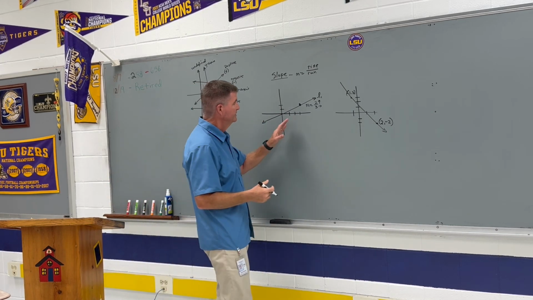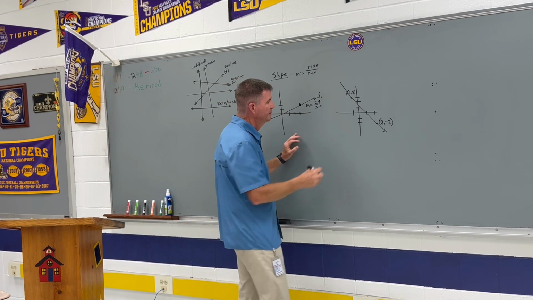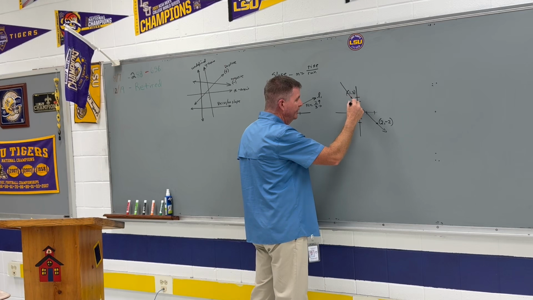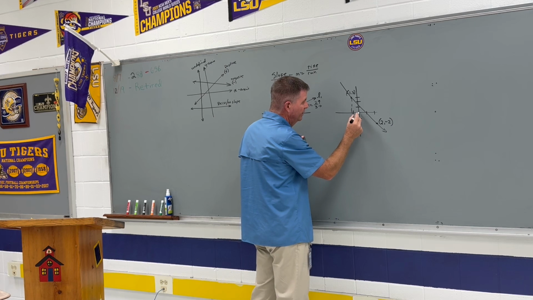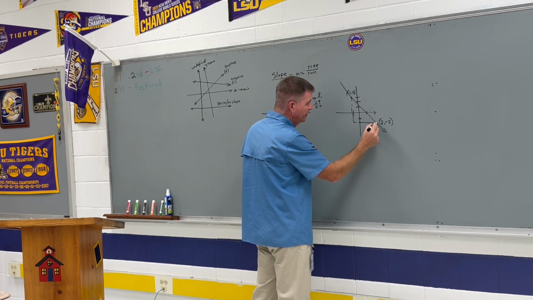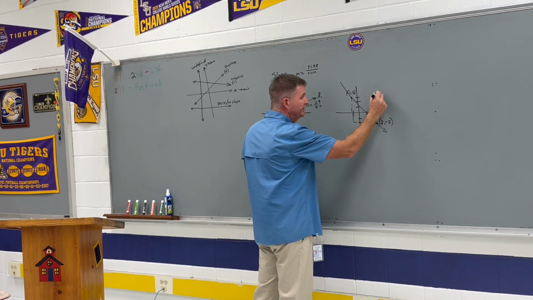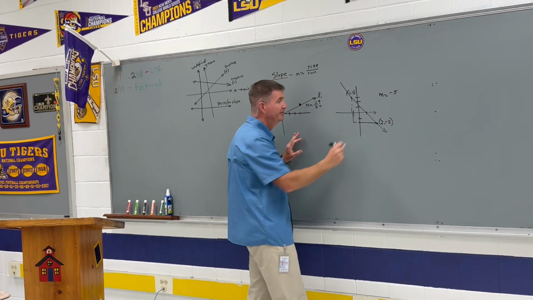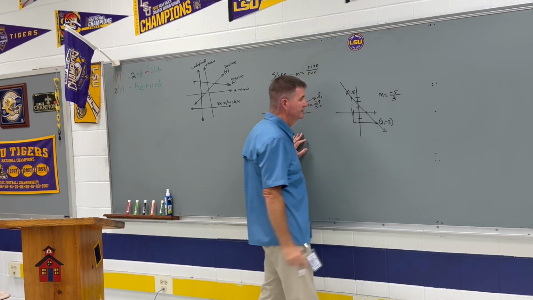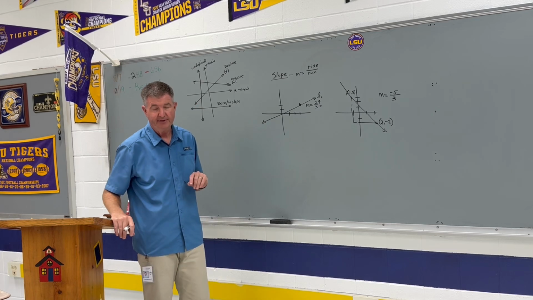Again, we can count. Instead of going up, it's going down. So it's going down 1, 2, 3, 4, 5, going down 5 units for every 1, 2, 3 that it's going across. So this one would be a slope of -5, down 5 for every 3 that it goes across. The slope would be -5/3.